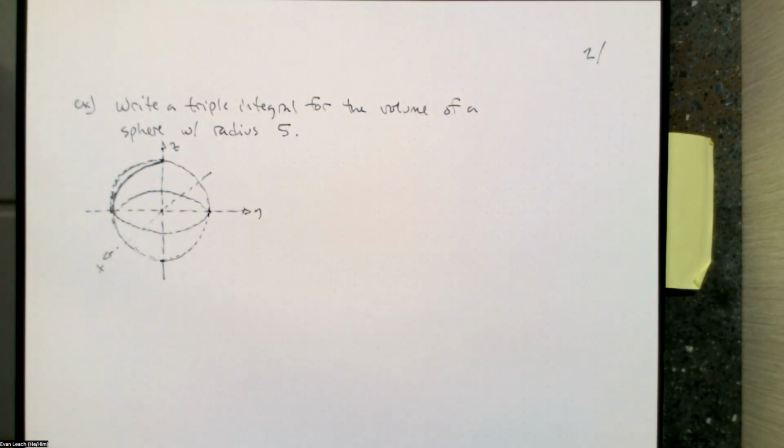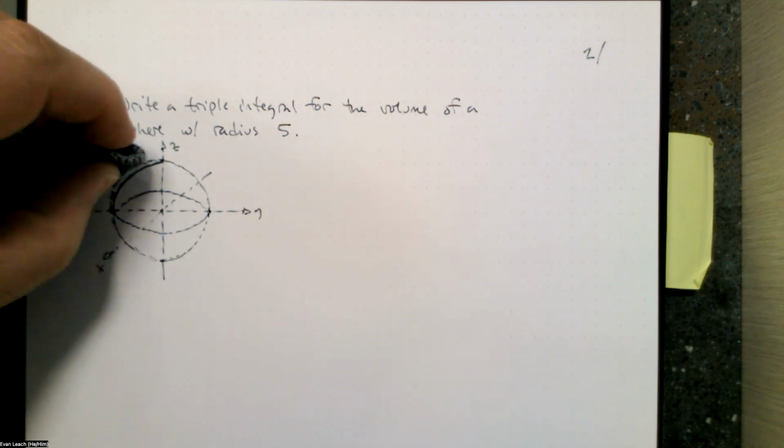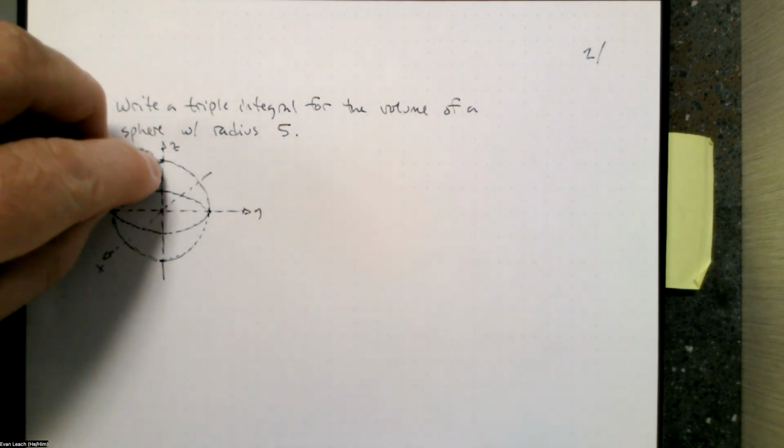Let's write a triple integral for the volume of a sphere with a radius of 5. So this is going to be our solid W. If we want the volume of the solid W, we just need to integrate the function 1.